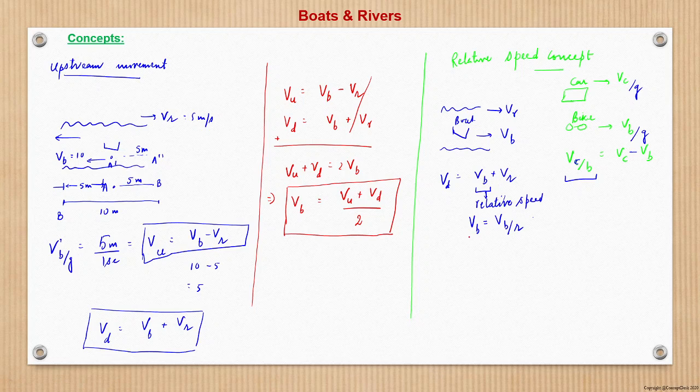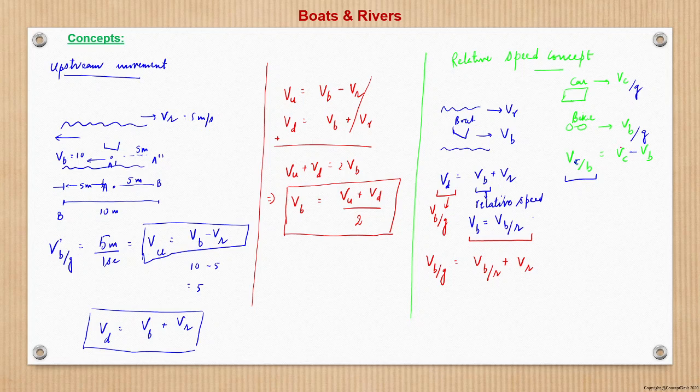This velocity of boat, when I say, is nothing but velocity of boat with respect to river, and this VD is nothing but velocity of boat with respect to ground. So now the things should be clear. Velocity of boat with respect to ground is nothing but velocity of boat with respect to river plus velocity of river.